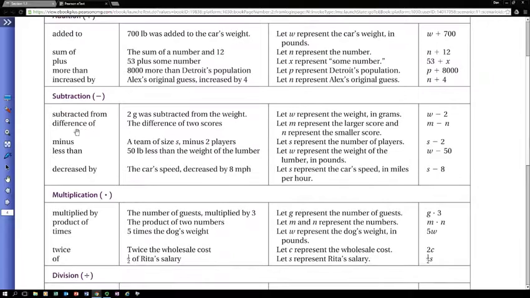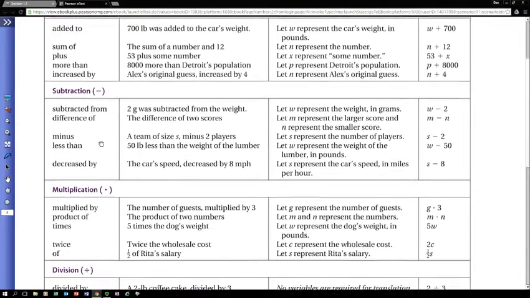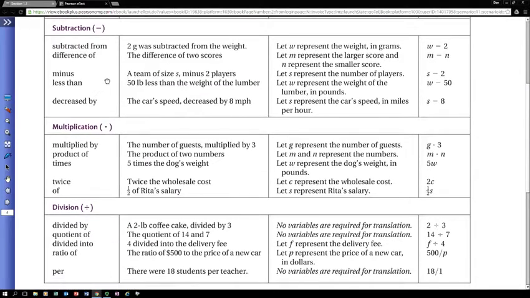Here's some examples with subtraction. One thing you really need to be careful with in subtraction is that the commutative property does not work, so you need to get these things in the right order. And this is probably where you have most of the errors: less than, which usually indicates subtraction when we're translating to algebraic expressions.